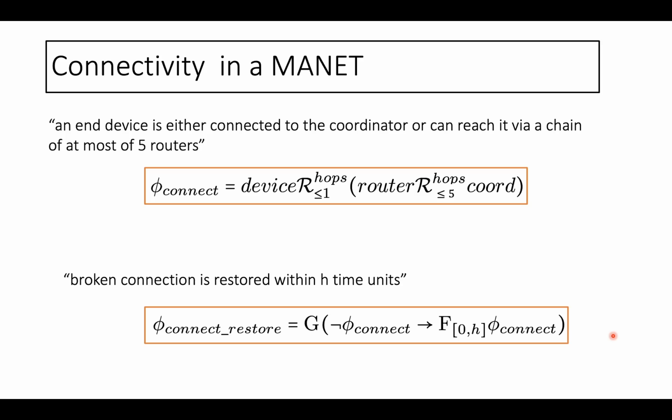We add some temporal requirement that describes this fact: that if you have a broken connection, this is restored within a certain time units. So we are asking that it is always true that if a connection is broken, this implies that eventually in a certain time the connection is restored.